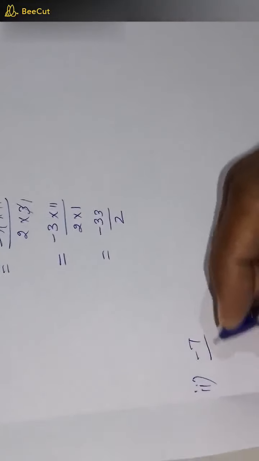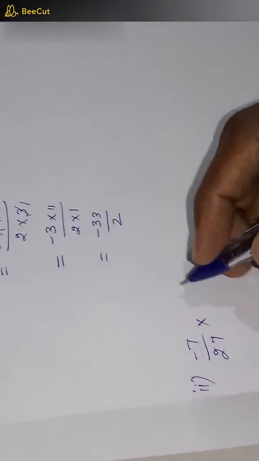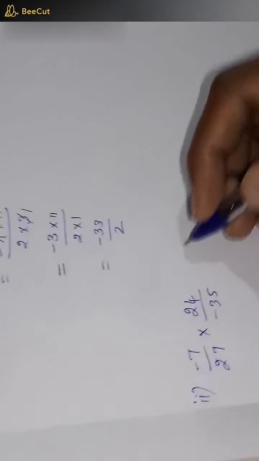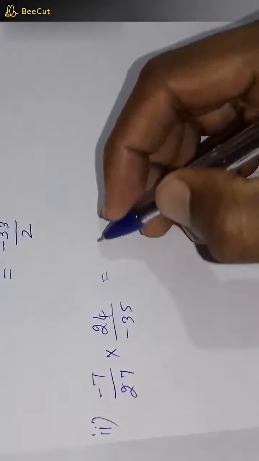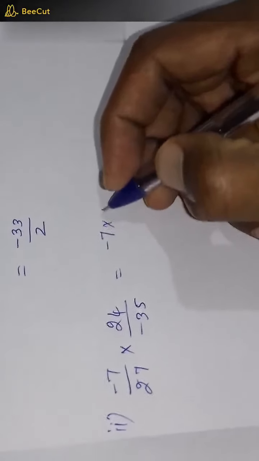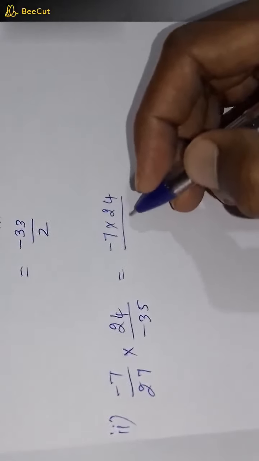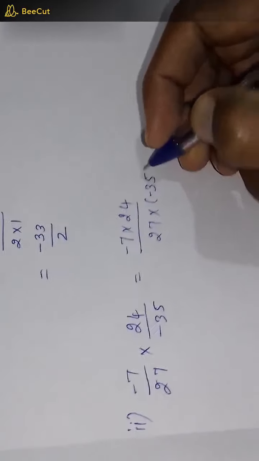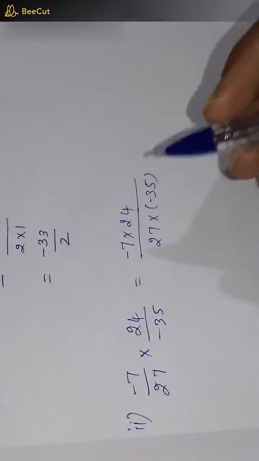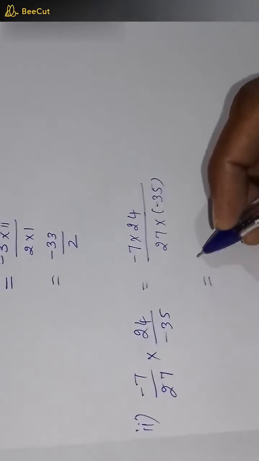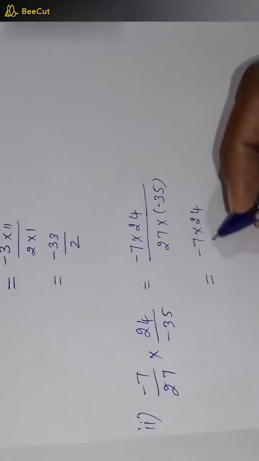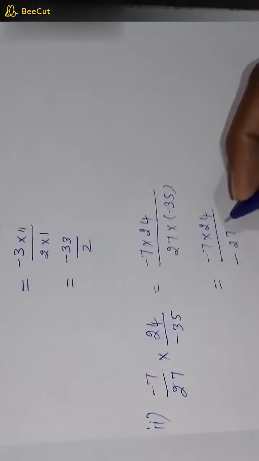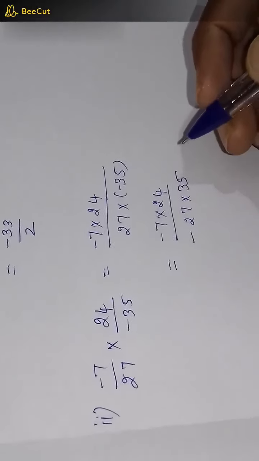That is minus 7 by 27 into 24 divided by minus 35. So that can be written like this. This is minus 7 into 24 divided by 27 into minus 35. Okay, that is equal to minus 7 into 24 divided by, take this minus here, minus 27 into 35.